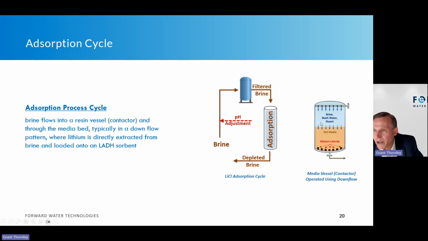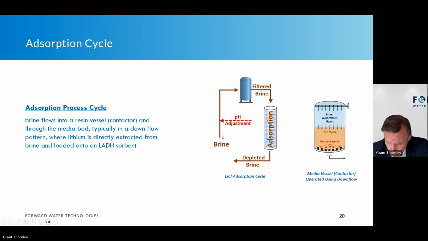That's how brine, wash water, and eluate are flowed within the contactor or DLE vessel in a downflow pattern. So the brine flows in a downflow pattern through the media bed, and the lithium is extracted.